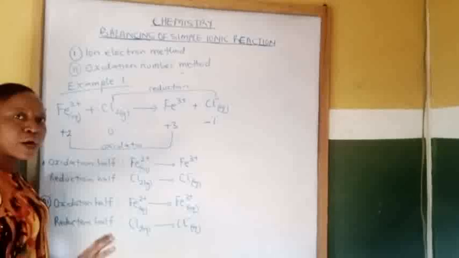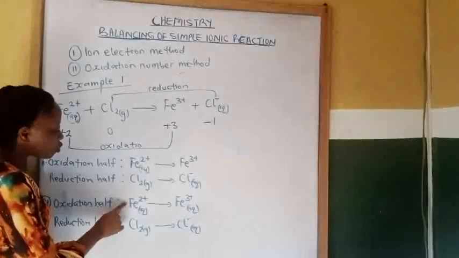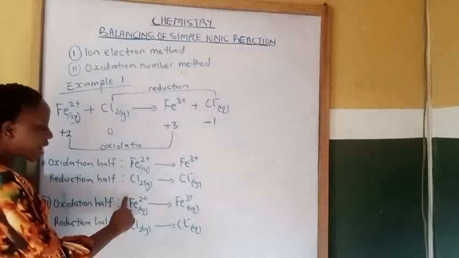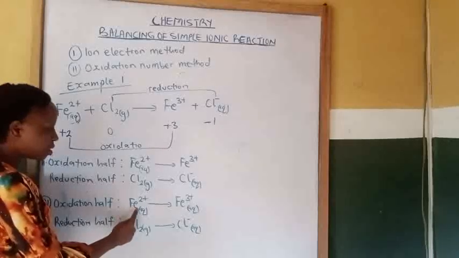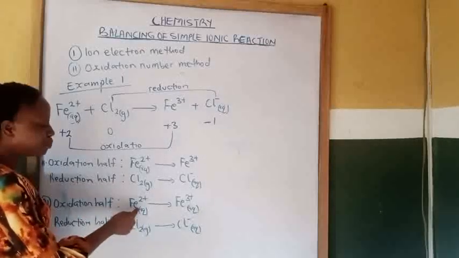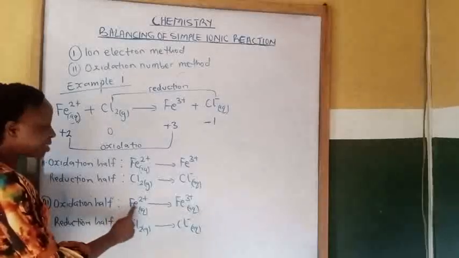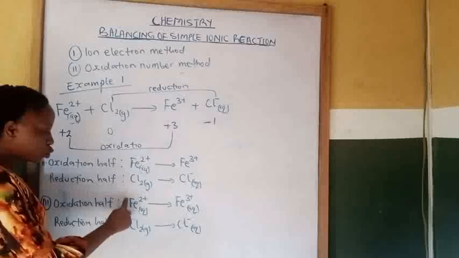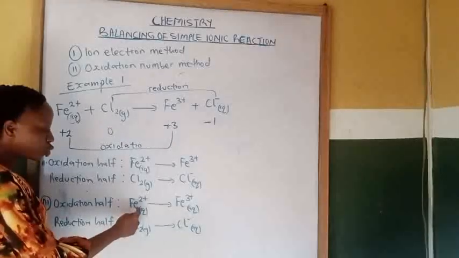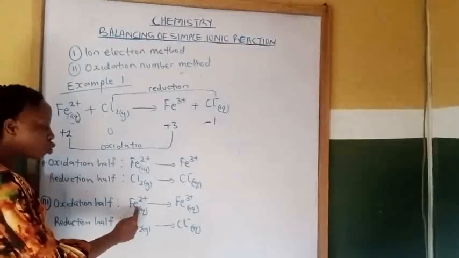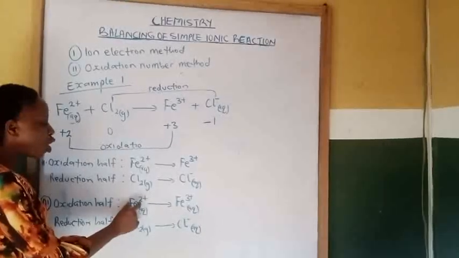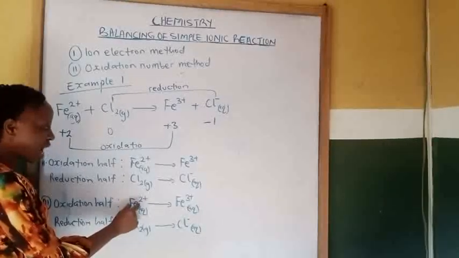To count the number of atoms, you look at the coefficient of that atom and the subscript. The subscript is what you have at the base. The coefficient of this atom is 1, the invisible subscript is 1. So 1 times 1 is 1. So we have one atom of iron at this side.